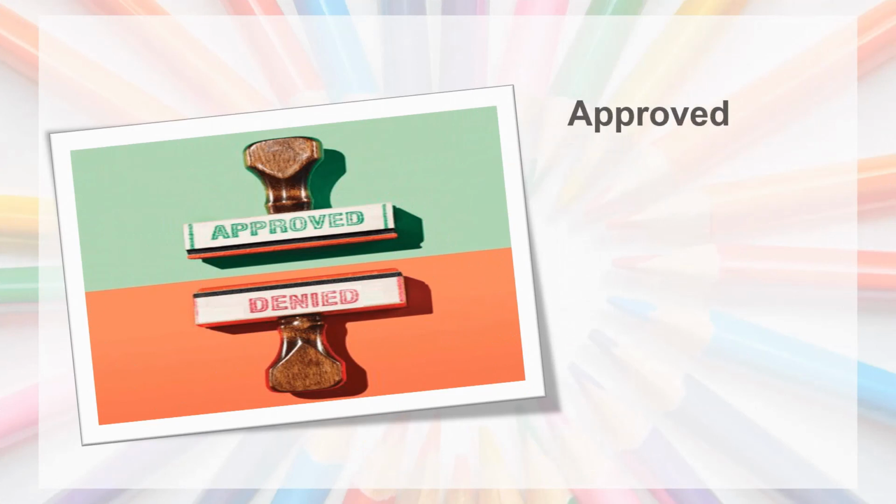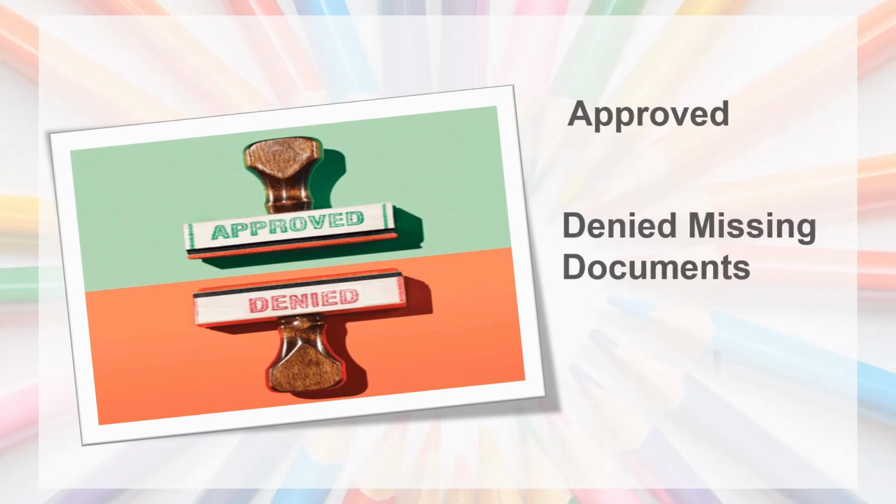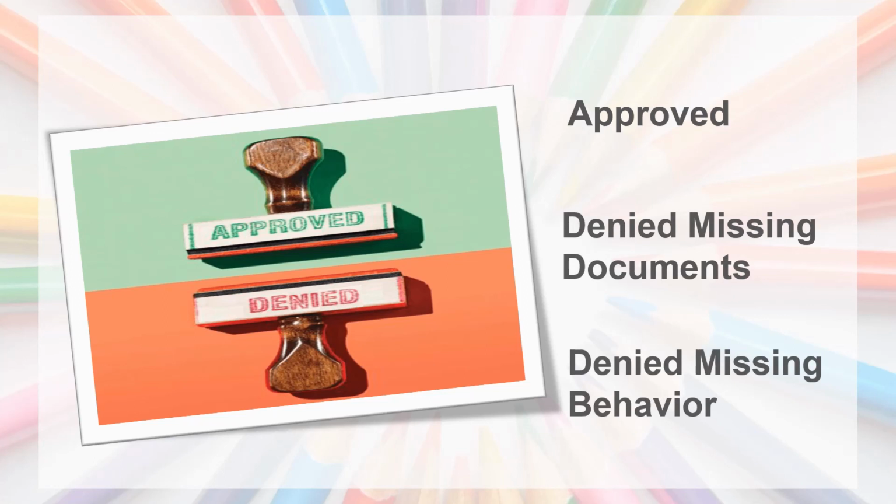An OLR team member can approve your application, indicating that all required information and documents have been received, or deny your application, indicating that it is missing some documents. Additionally, OLR team members can deny applications due to missing discipline history. In the case of missing documentation, OLR team members will include a list of missing documents in the denial letter emailed to parents.